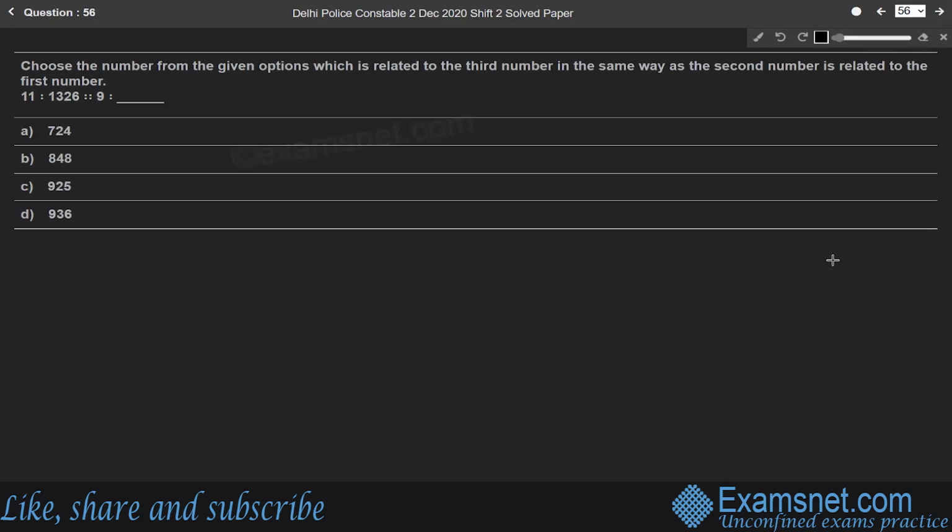Question 56. Choose the number from the given options which is related to the third number in the same way as the second number is related to the first number. Here 11 is related to 1326, where 9 is related to? Here 11 cube minus 5. 11 cube is 1331, minus 5 becomes 1326, right?